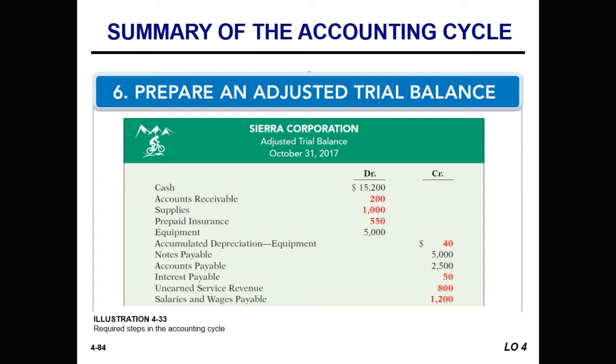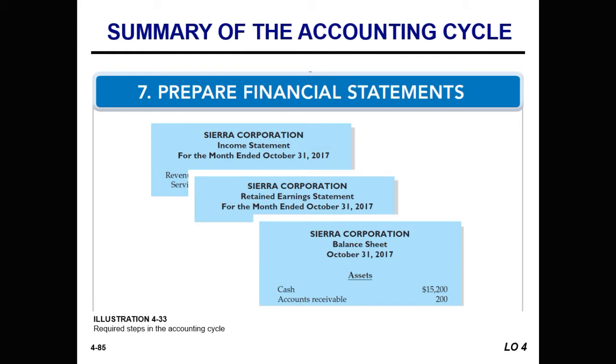We use that adjusted trial balance and create the financial statements. We create them in this order of income statement, retained earnings, and then balance sheet.